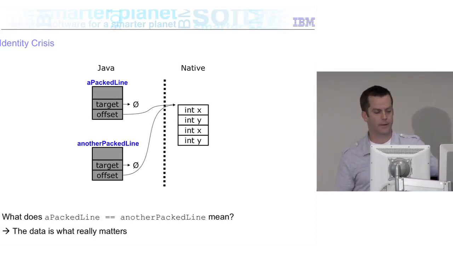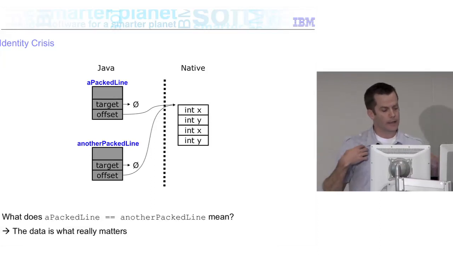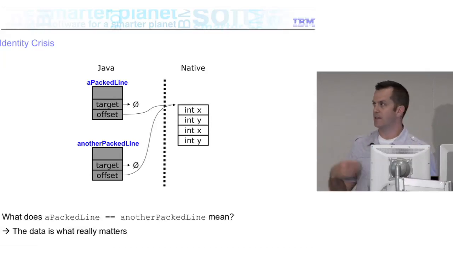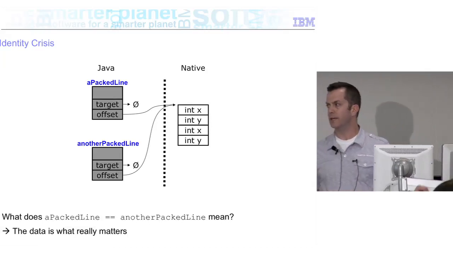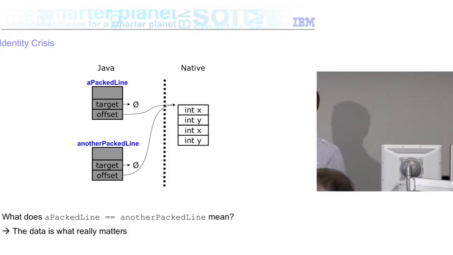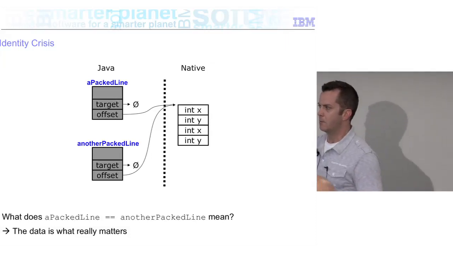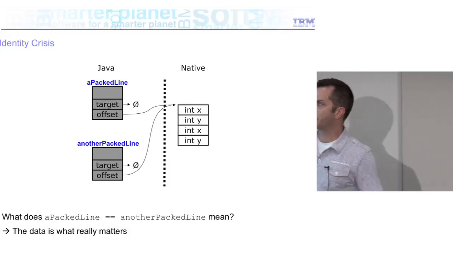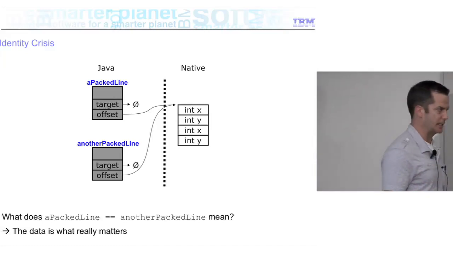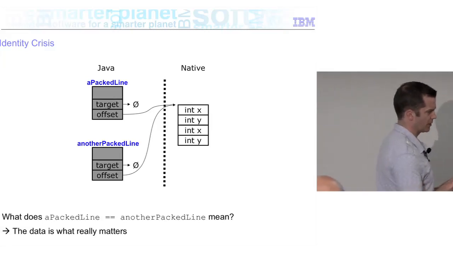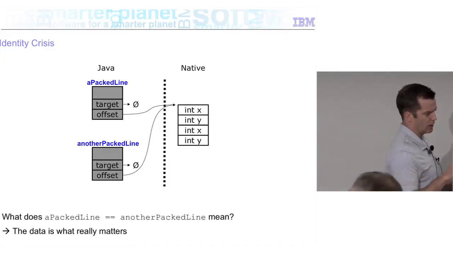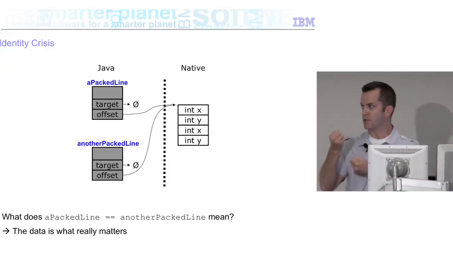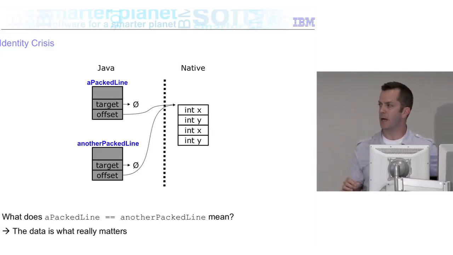And in this particular case, when you're talking about packed data, our explorations and experiments have led us to really believe, and I apologize, this is at the bottom, so some of you can't see it, that the data is what really matters here. It isn't the identity, whether you're dealing with identical objects. It's the actual data that matters.